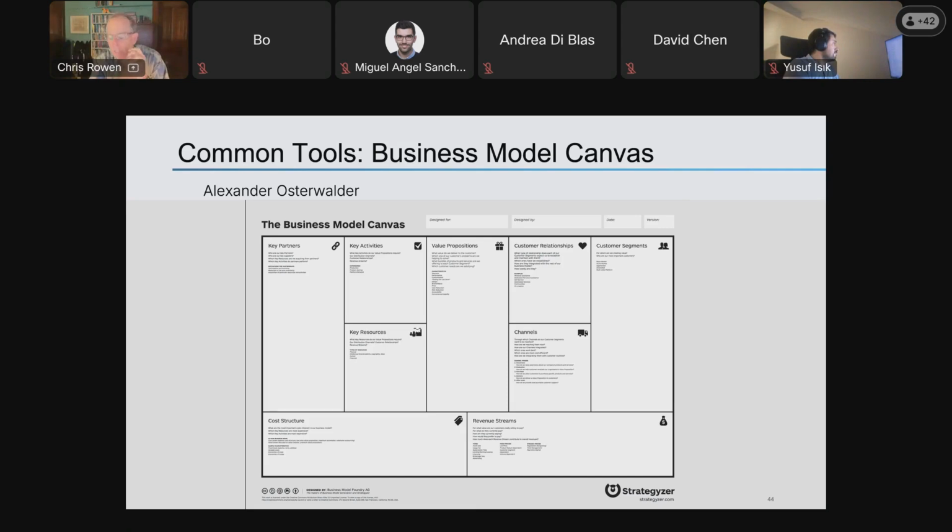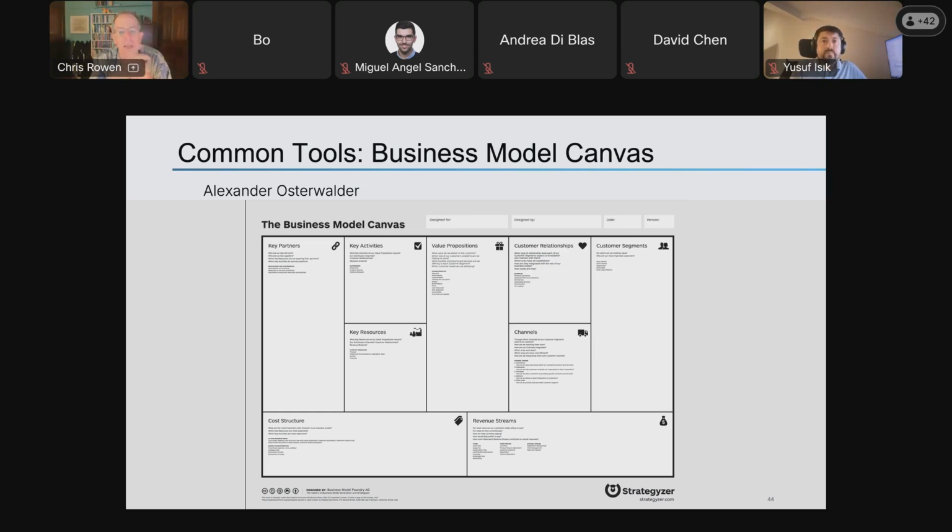I talked about Steve Blank and the lean startup method. And one of the tools that he has embraced is a tool most clearly articulated by Alexander Osterwalder called the Business Model Canvas.